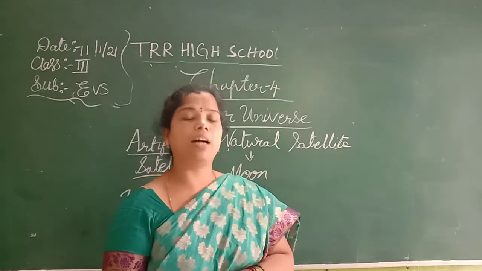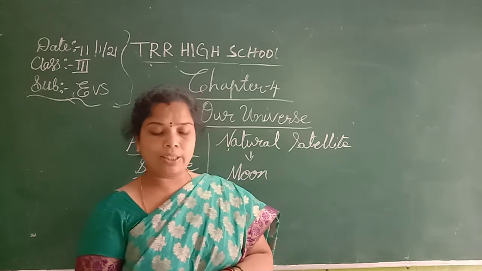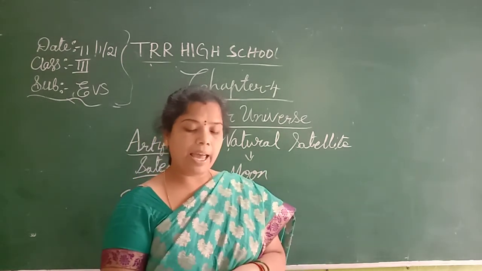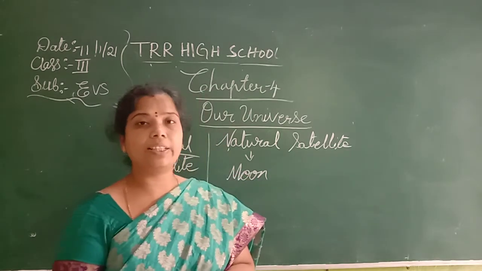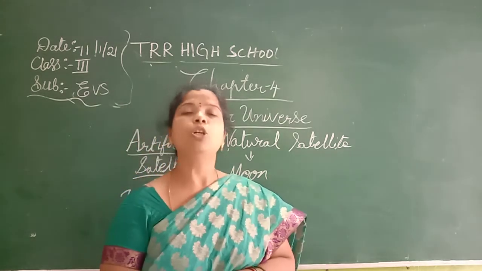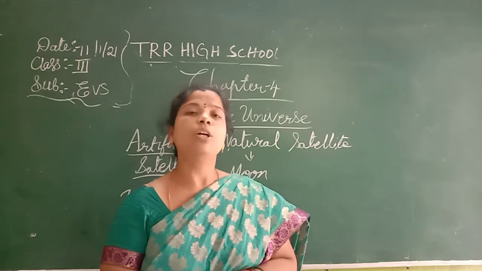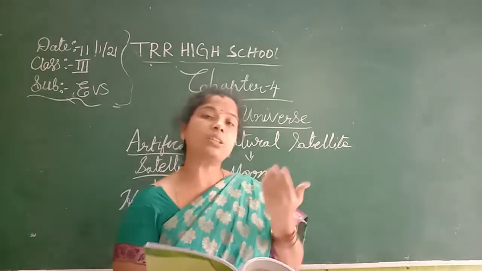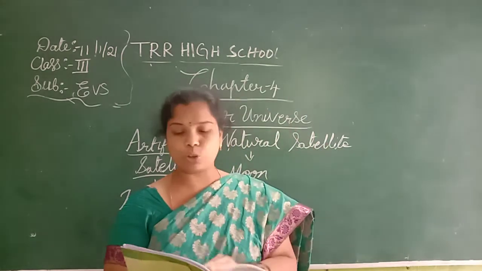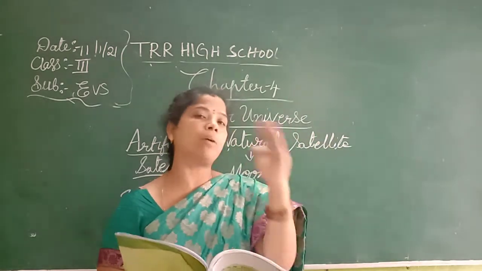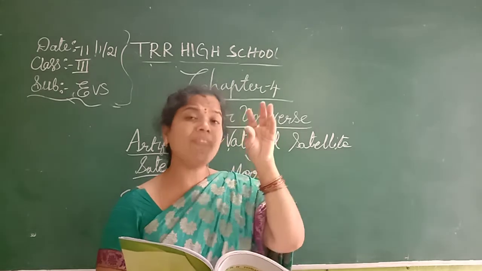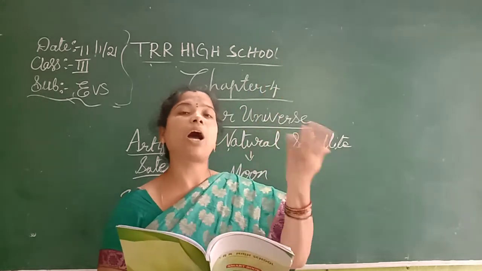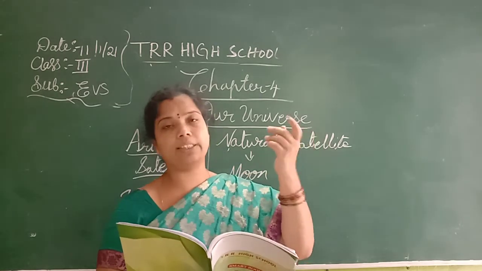You will get information that tomorrow it may be raining. All this information we get from the artificial satellites, which we send through rockets. When the satellites go there, they give the information on how the weather condition is.